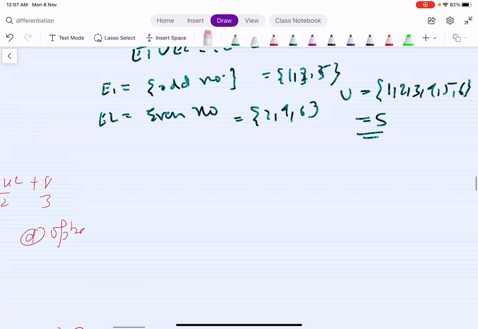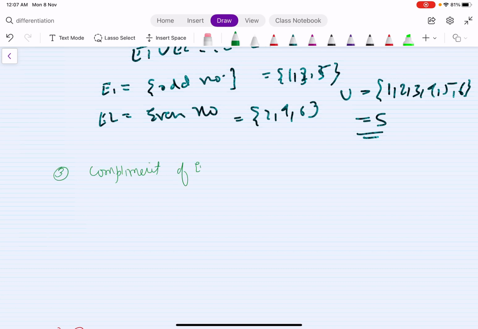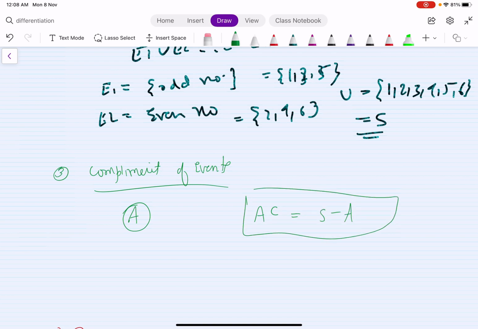The next thing that we have understood is complement of events. So complement of events is, if I have an event A, my A complement is equal to the sample space minus A. So whatever is there in the sample space other than my event A will be A complement.